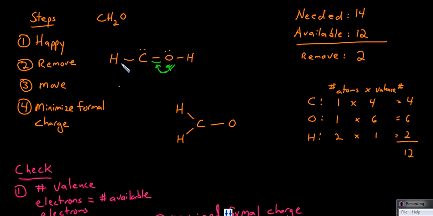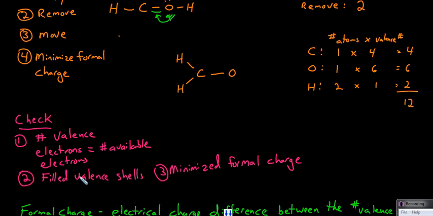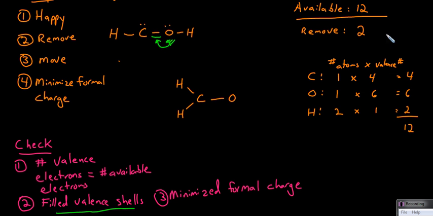All right, so now we have gotten all of our elements to have filled valence shells, and checking our work here, we have filled valence shells, and we have the proper number of electrons. We know that we should only have 12 electrons on our structure, and there are now 2, 4, 6, 8, 10, 12 electrons. Excellent.